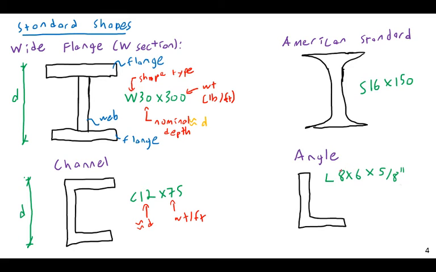And so these are the length of legs. Usually the thickness on each of these will be exactly the same because they're formed from the same piece. Length of legs, and this is the thickness, the material thickness. So in other words, it would be 8 inches, 6 inches, and 5/8 inches thick.